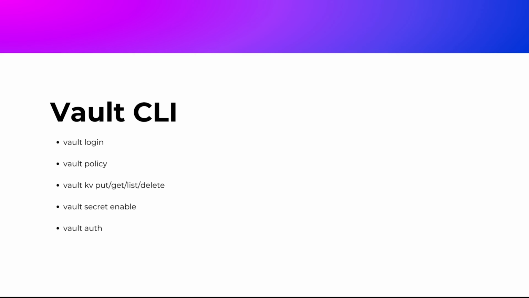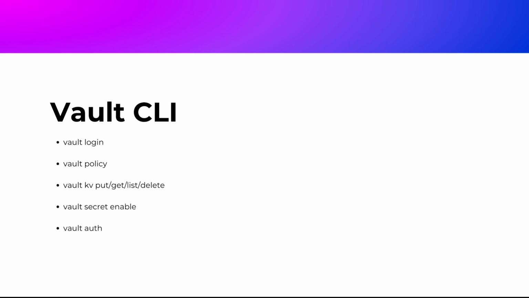Now let's talk about some of the basic commands that you might be dealing with in day-to-day life. The very first command is vault login, and you will be using this command to authenticate with the Vault. If you want to do anything related to policies, maybe edit, create or delete them, you can use the command vault policy.